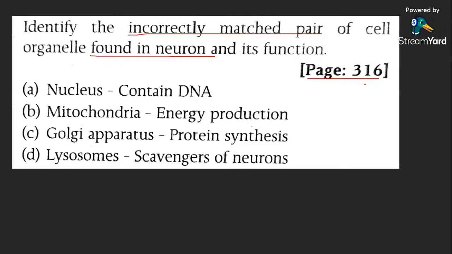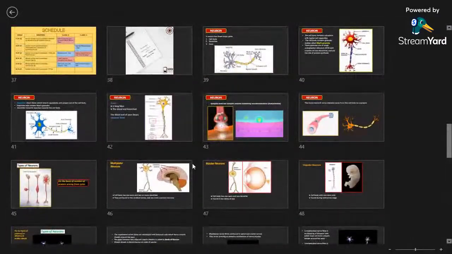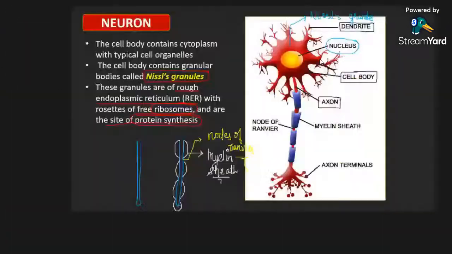Nucleus contains DNA, mitochondria associated with energy production, Golgi apparatus protein synthesis, lysosomes scavengers of neurons. Let's have a quick look at that.